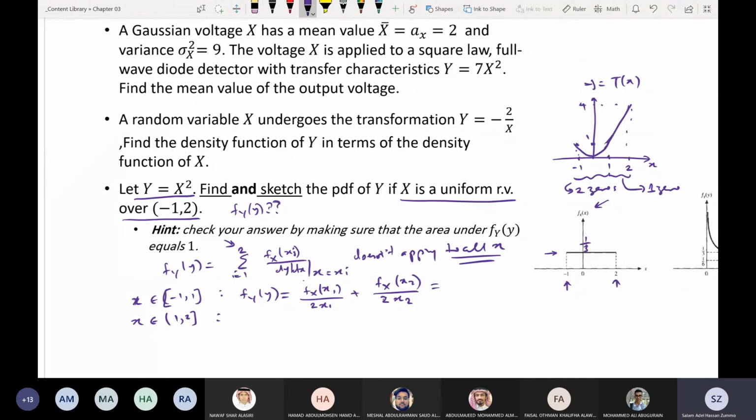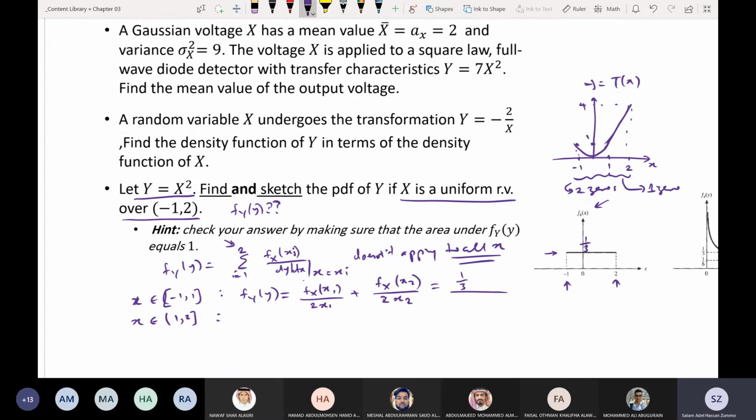Which is equal to, the PDF of x is 1 over, what is PDF of x? What is this equal to? 1 over 3. Okay? And here we have 2x1 or 2x2.